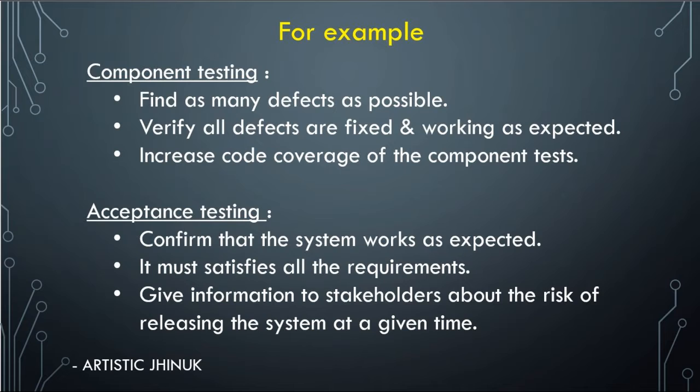Instead, we confirm that the customer requirements are fully satisfied and the customer is happy with whatever we are delivering. One objective of acceptance testing can be to provide information to stakeholders about the risk of releasing the product at a given time.